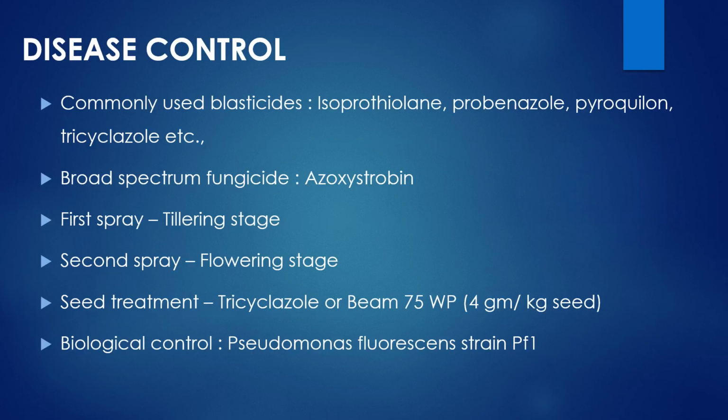The control of rice blast fungus on rice crops. Commonly used blasticides are isoprothiolane, probenazole, pyroquilon, tricyclazole, etc. And the broad spectrum fungicide is azoxystrobin, the first spray used during tillering stage and the second spray during flowering stage, and finally the seed treatment, for which tricyclazole or Beam 75 WP at 4 gram per kg seed is used.